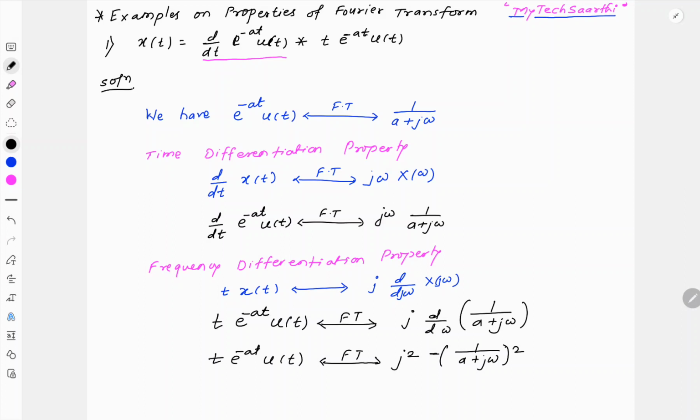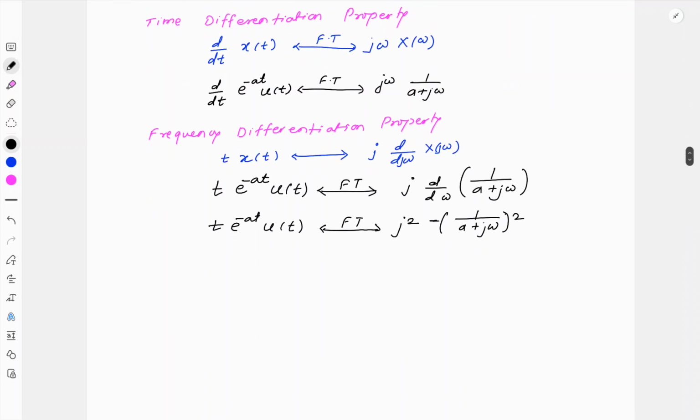Ultimately our answer will be: t e raised to minus at u of t will result into, j square is minus 1, so minus minus becomes plus, and we get the answer simply as 1 upon a plus j omega whole square.